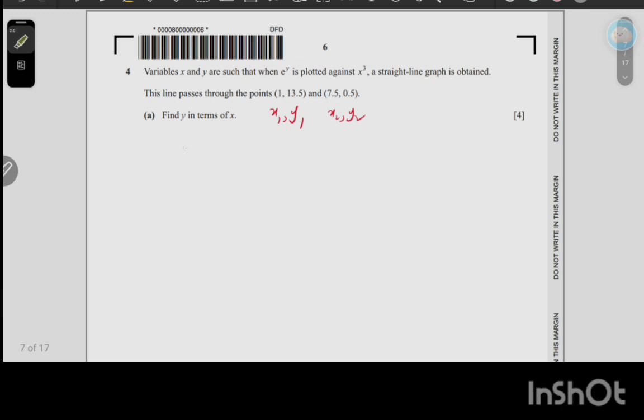Here we have the equation of a line: y - y1 = m(x - x1). First of all, we use the equation of a line. Now find the gradient. The gradient formula is (0.5 - 13.5) divided by (7.5 - 1).